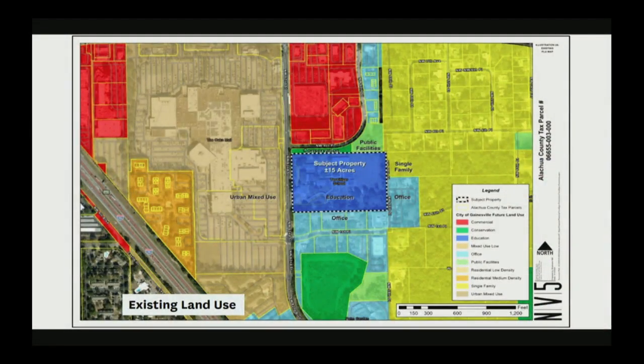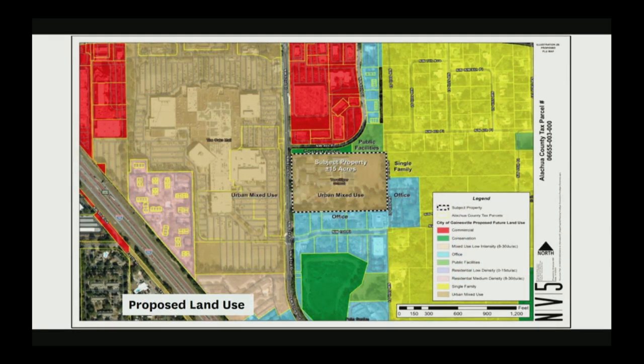Here's a surrounding map indicating what the land uses are for the surrounding parcels. You see to the west, there's the Oaks Mall with urban mixed use. To the south, there are some offices, and then off to the east are some single-family land uses. And just indicating the proposed land use, showing that the requested change is to establish urban mixed use at this parcel.